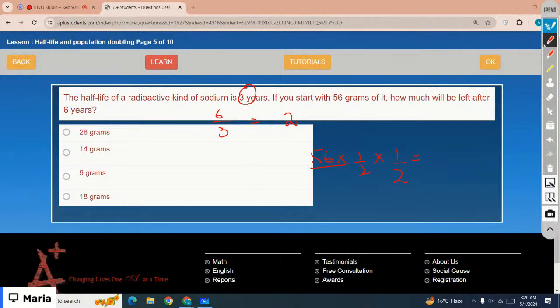The correct option is, very good, 14. That means after 6 years, you have 14 grams of radioactive sodium left. The correct option is 14.